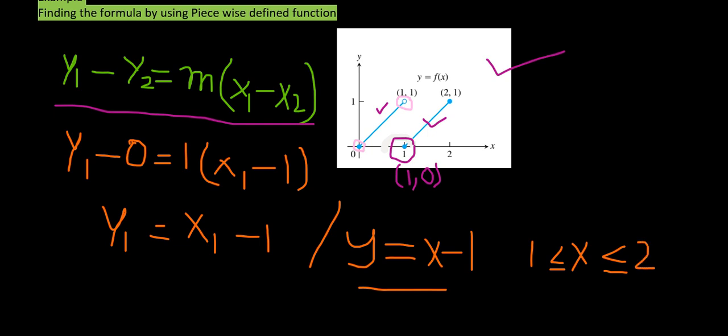And you can see that we have a filled color point over here and over here as well. So we can say that our domain x is greater than and equal to 1 and it is less than and equal to 2. So by this method you can easily find the formula of a piecewise defined function.